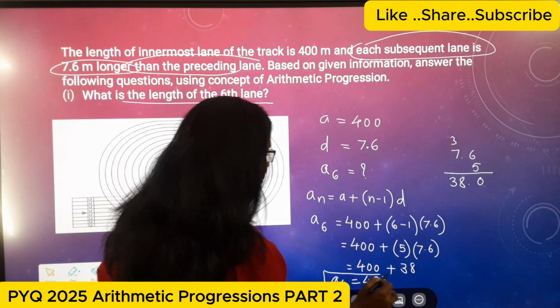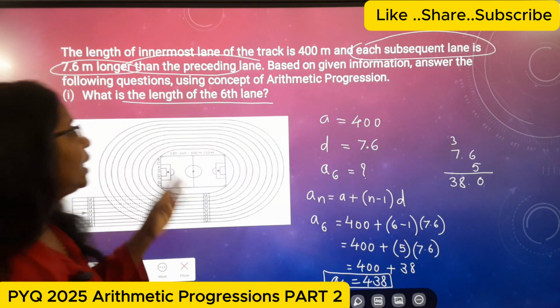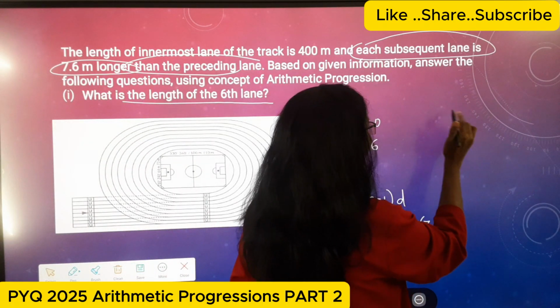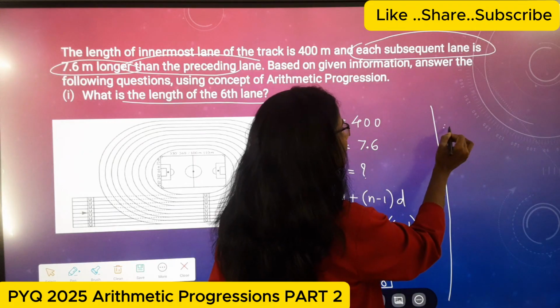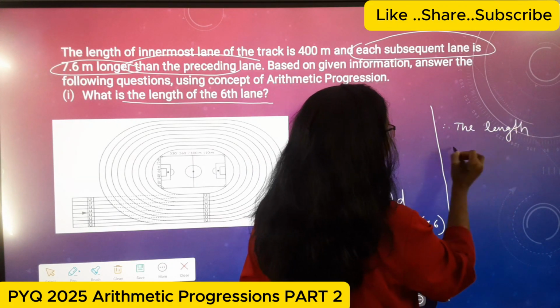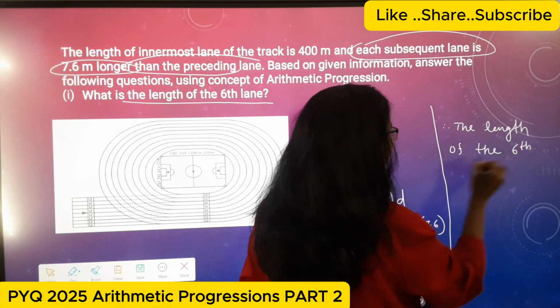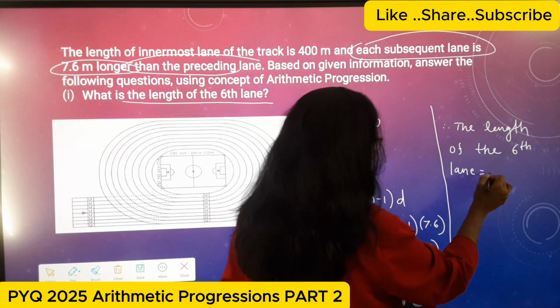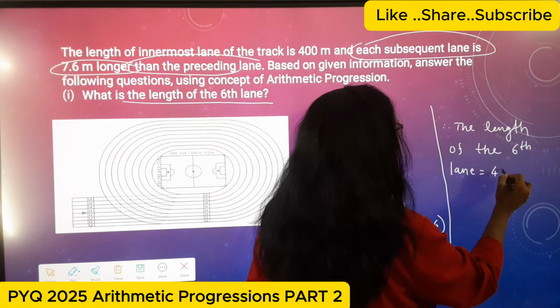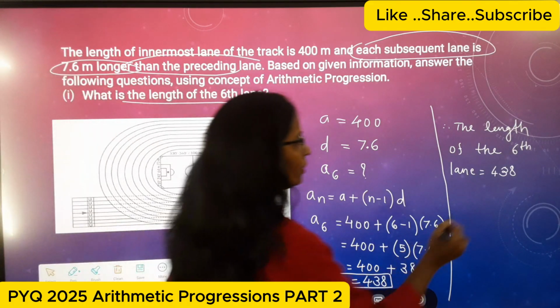A6 is equal to 438. That means we write: therefore, the length of the sixth lane is equal to 438 meter.